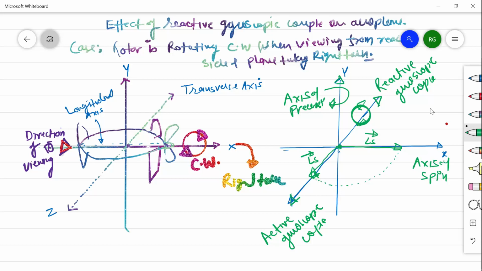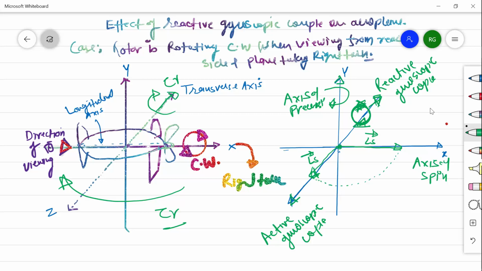This is the direction of tau r, and this would be its effect on the plane, because if this is the direction and we curl our fingers, then this would be the reactive torque couple.